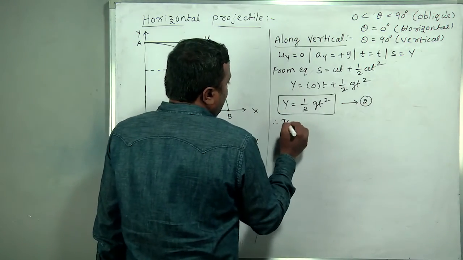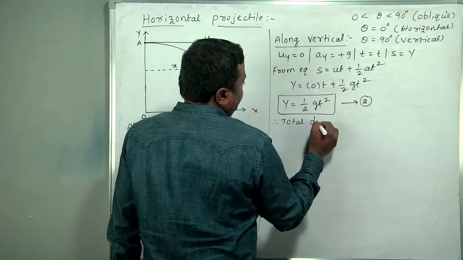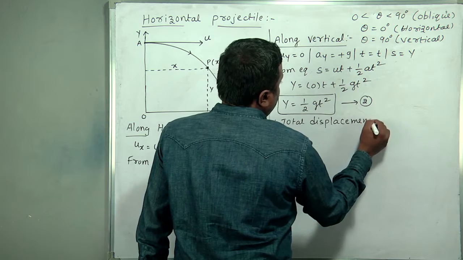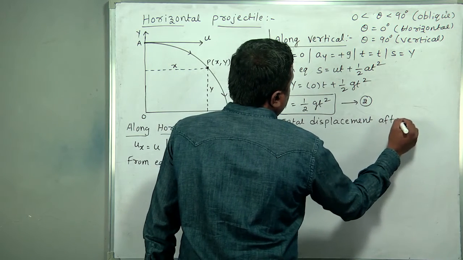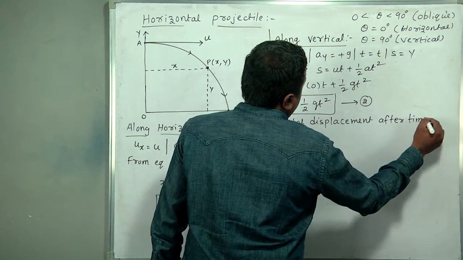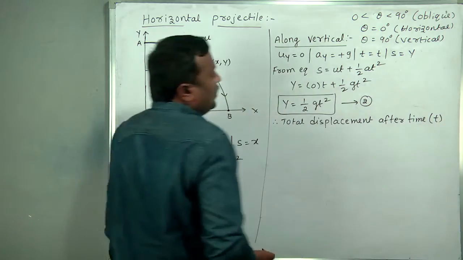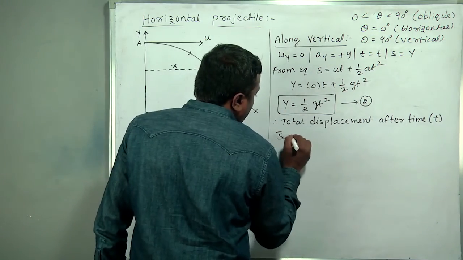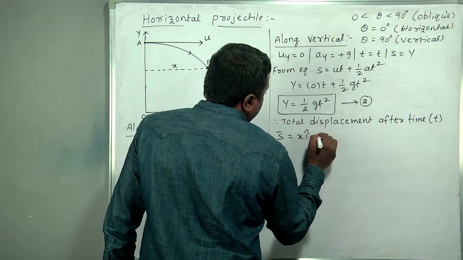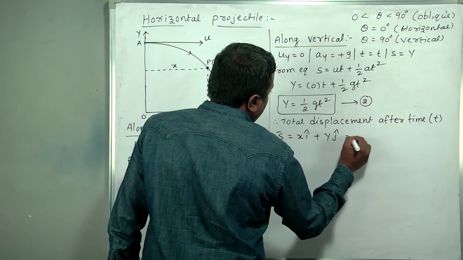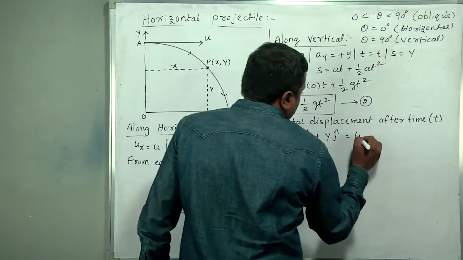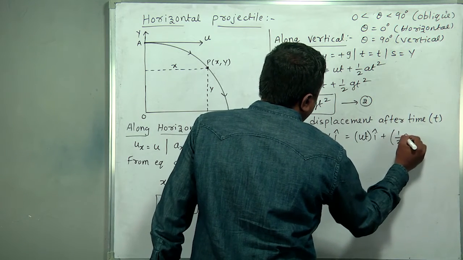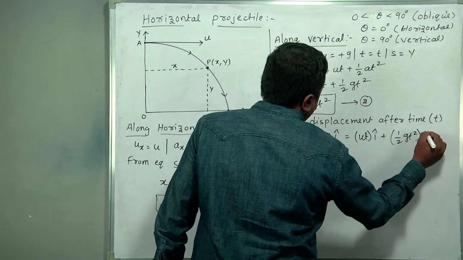Therefore, the total displacement after time small t, how can we write? S bar is equal to x i cap plus y j cap, where x is ut, so ut into i cap plus half g t square into j cap.